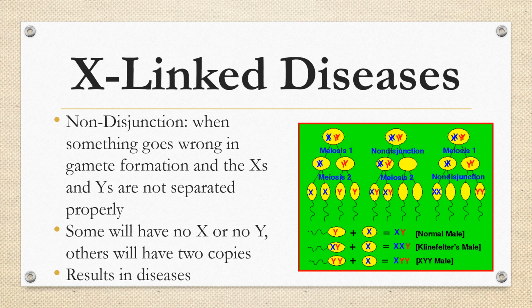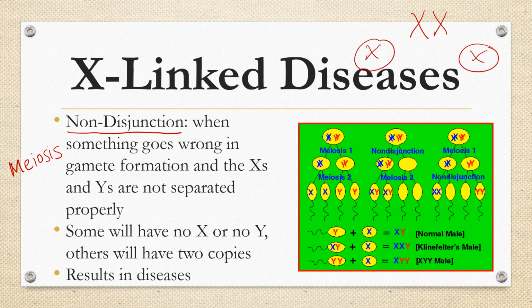Now with these X-linked diseases, one way you can get them is through something called non-disjunction. This is where something is going wrong during gamete formation or meiosis. For some reason, one of our homologous pairs did not separate properly. Instead of them going into different cells the way they're supposed to, they got grabbed by the same side.